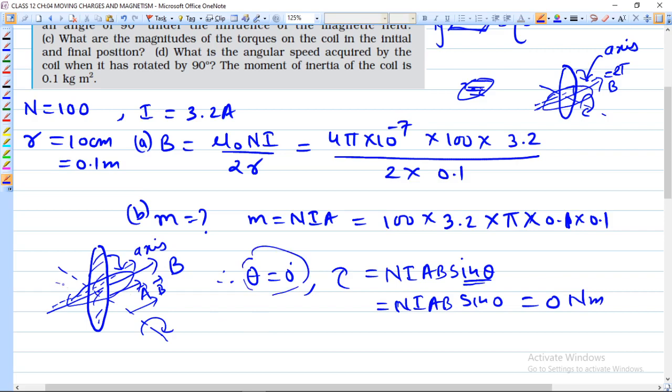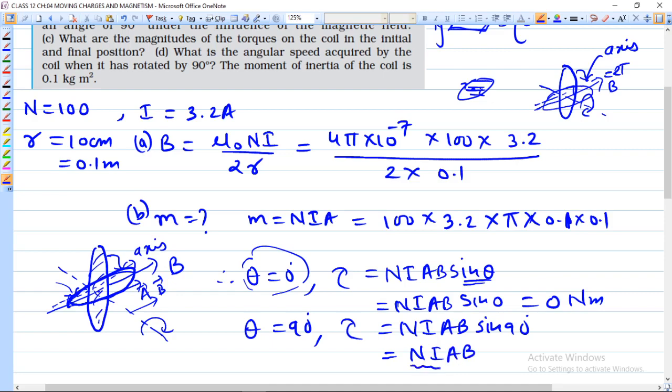Finally, when it turns to this position, at that time theta is 90 degrees. So what is the torque? NIAB sin 90. Now sin 90 is equal to 1, so the answer will be NIAB.